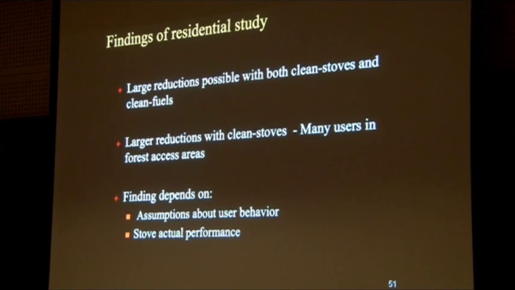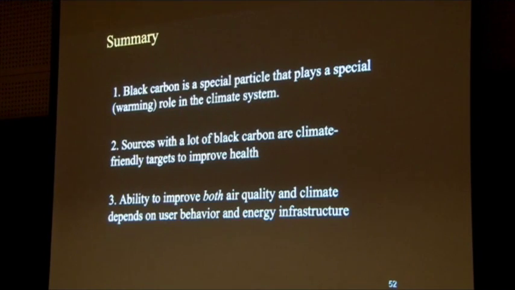So I'm not saying, oh, it's a bad idea. I'm saying you have to look at the difference between what you are doing now and what your mitigation measure is. Then if only black carbon is reduced, okay. If you also reduce a lot of organic carbon, maybe not positive benefit for climate. It depends.